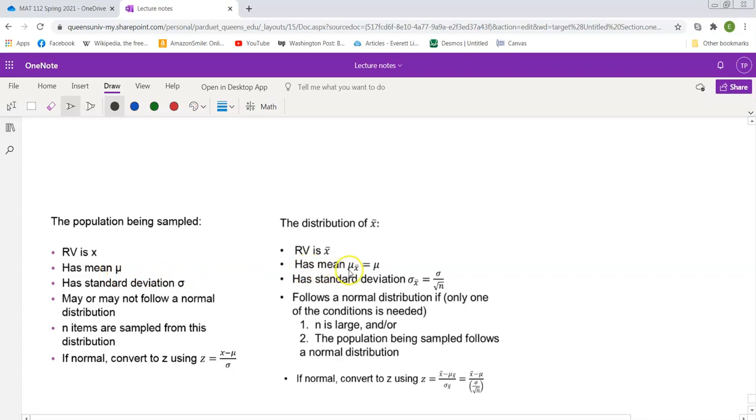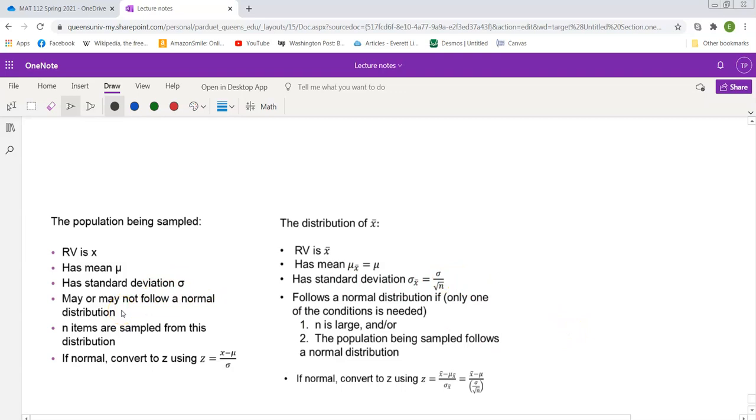The mean of the distribution of X bars is mu sub X bar, which is still mu. The standard deviation of the original population was sigma, whereas the standard deviation of X bars is sigma sub X bar, which is sigma over the square root of n.